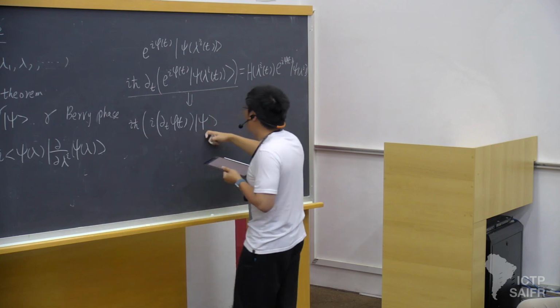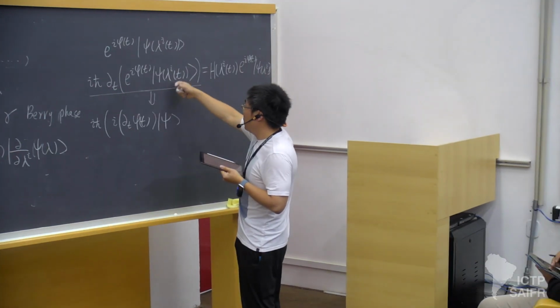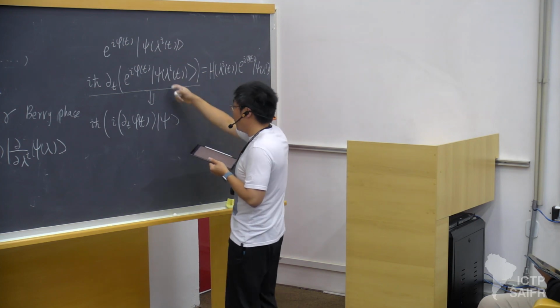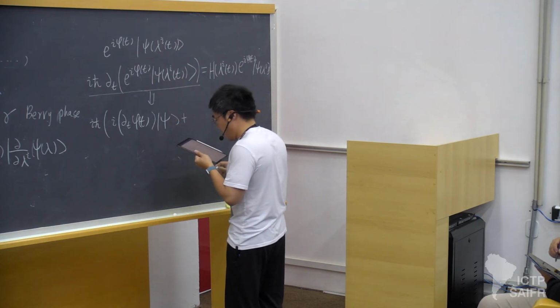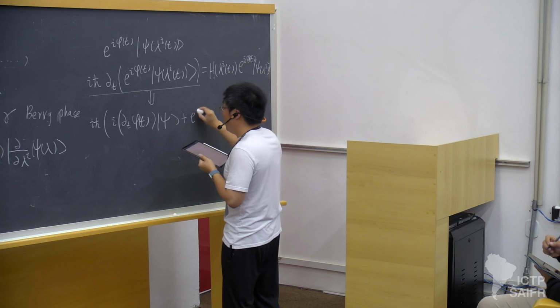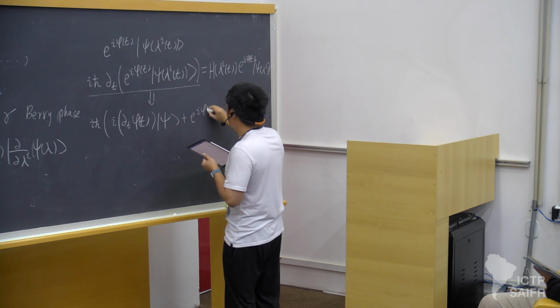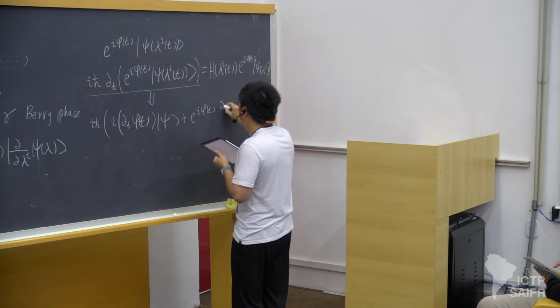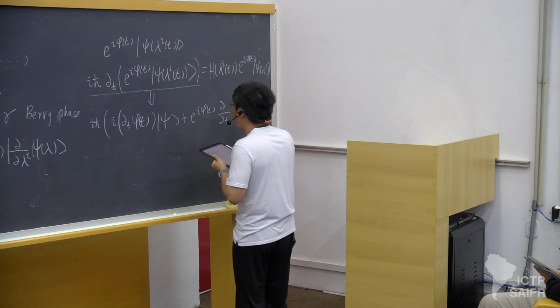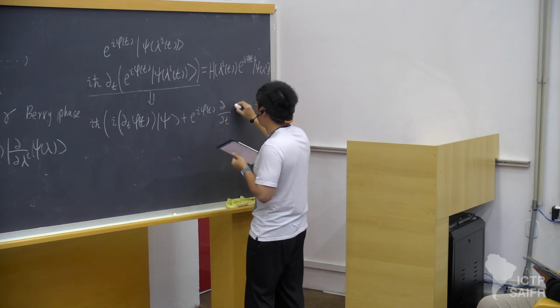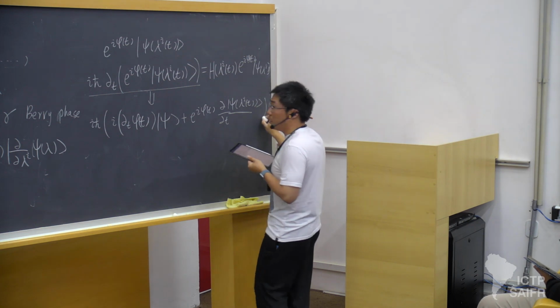Let me omit those parameters, lambda i here, and e to the i phi t partial t. That's what we have.